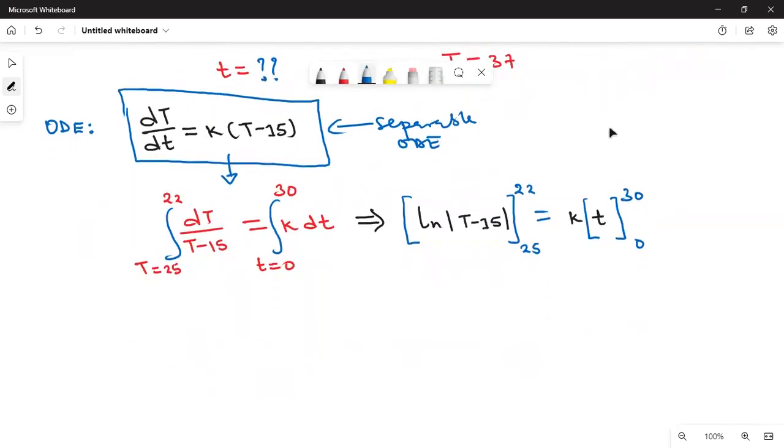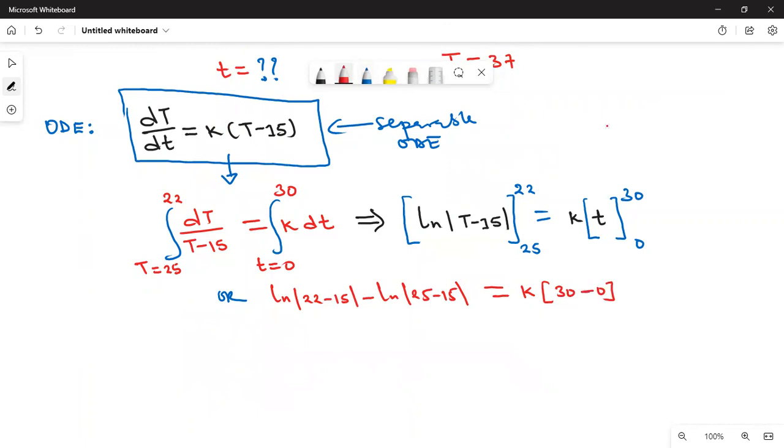When you plug in the limits, let's start with the 22. So we'll have ln of 22 minus 15 minus ln of 25 minus 15. That's the left-hand side, is equal to k into 30 minus 0.